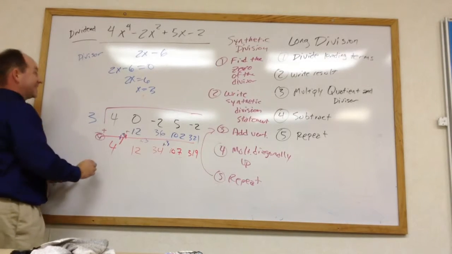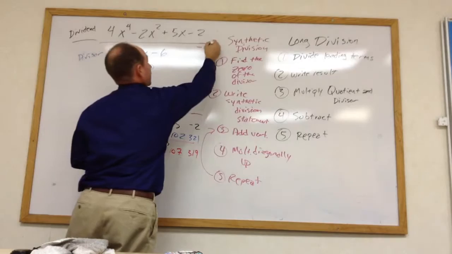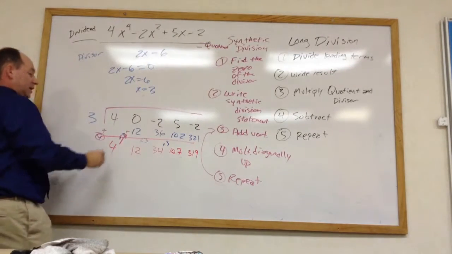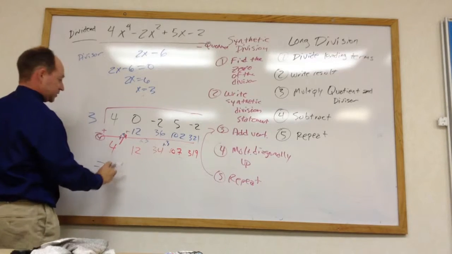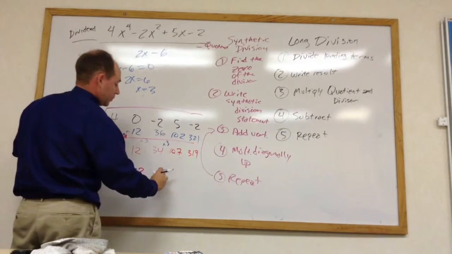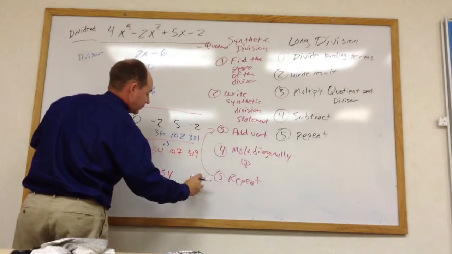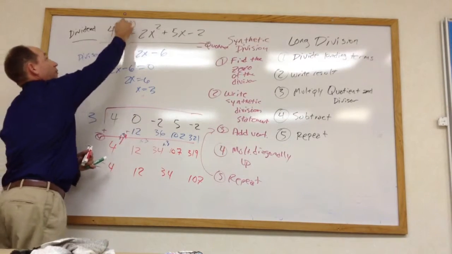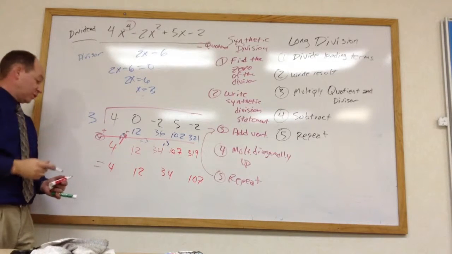All right. Now you might be saying, well, what does that tell me about that up there? What it tells me is that the answer to this equation, in other words, the quotient, is, here are the coefficients, 4, 12, 34, 107. The degree on this one was 4th degree, so this degree will be 1 less.